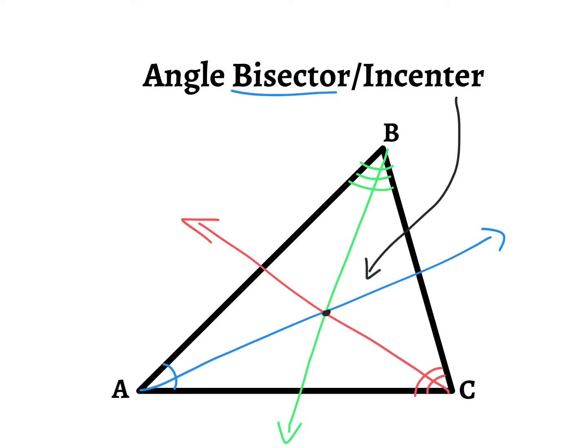Now, the very particular property that the incenter has is that if we were to imagine, let's say, a circle inside this triangle, that point will be in the center of the triangle. So if we're drawing a circle that connects all of these three points, or even inside it.